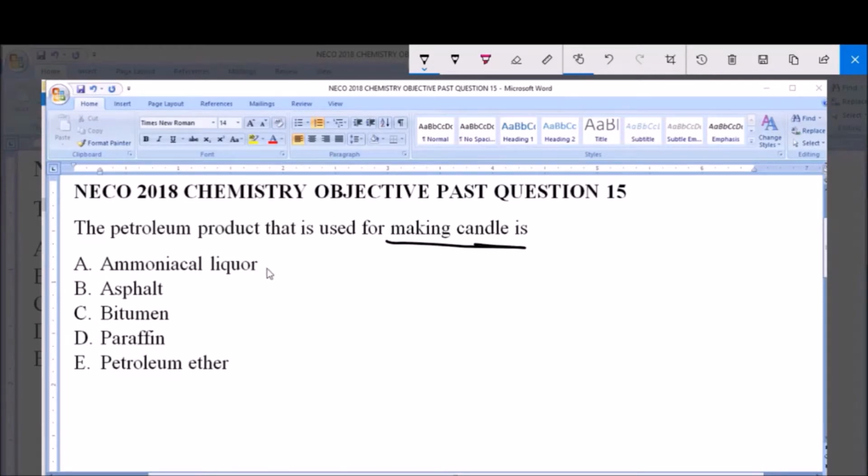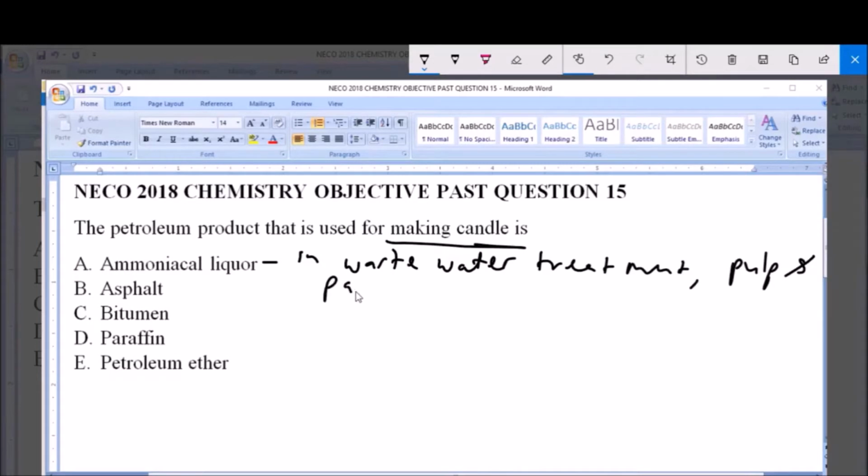Now, option A, which is ammoniacal liquor, is used in wastewater treatment, pulp and paper industries. So these are the major industries where you have ammoniacal liquor being used. There are also other ones, but these are the major ones.